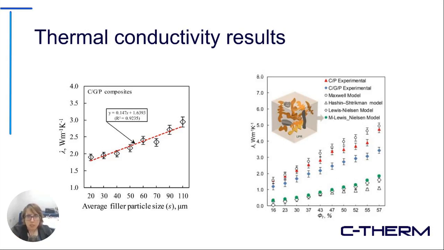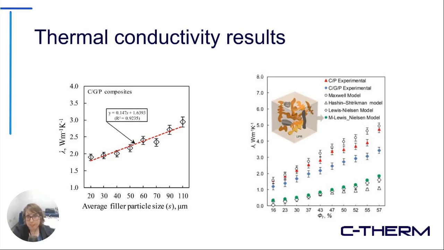So on the left-hand side here, you can see the thermal conductivity enhancement of the copper graphite polymer composite as a function of the average filler particle size in micrometers. And so this can go to the filler organization and the filler aspect ratio effects on thermal conductivity enhancement.